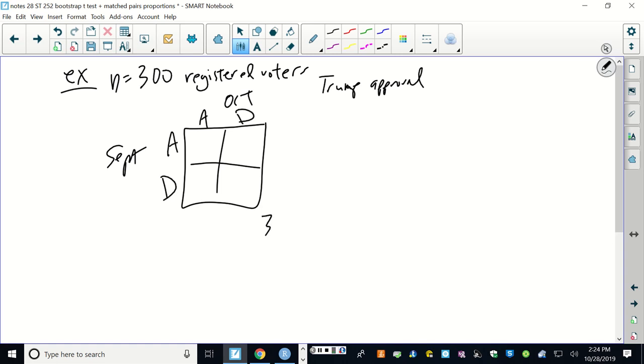There's 300 pairs in all, and let's say, based on the polls, it's about 40% or so. But let's say it was 45% here. So that would imply that you'd get 135 out of the 300 saying approve. So A is approve, B is disapprove.